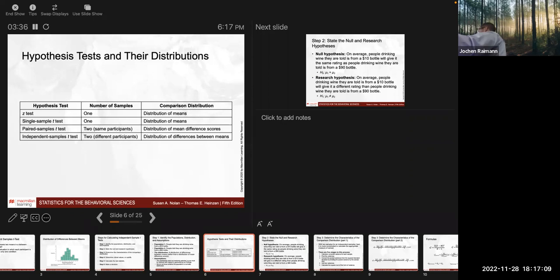The comparison distribution for a paired sample t-test is the distribution of the mean difference scores. You calculate those difference scores, you calculate a mean difference, and you standardize that mean difference. Whereas with the independent sample t-test, you're calculating the differences between means, so the distribution of the differences between means is your comparison distribution.